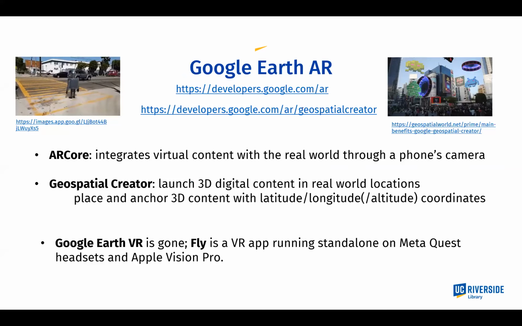Okay, this is the other part of Google Earth that has changed quite a bit in the last 2 years since the last time I gave this workshop. Google Earth Augmented Reality. And I found that there are 2 products now. One's, I'm not even sure how they pronounce it. I don't know if it's AR Core or ARCore. But anyway, that's the augmented reality. And that's an example of which you see at upper left, where that robot is waiting to cross the street.